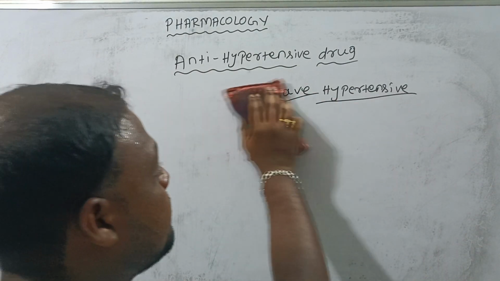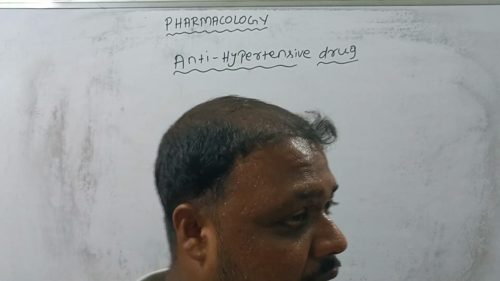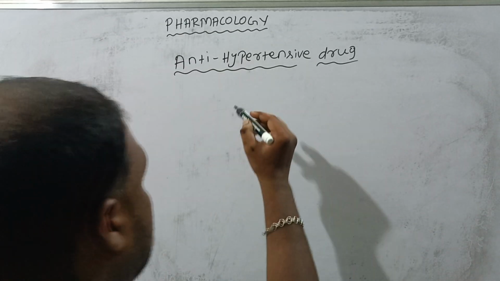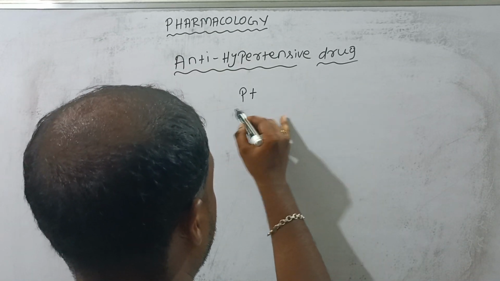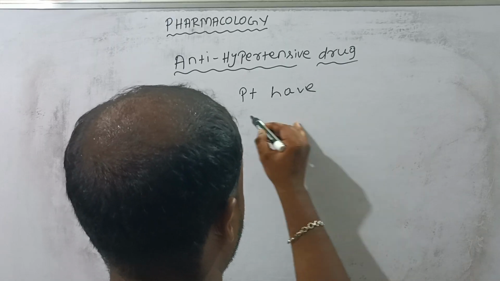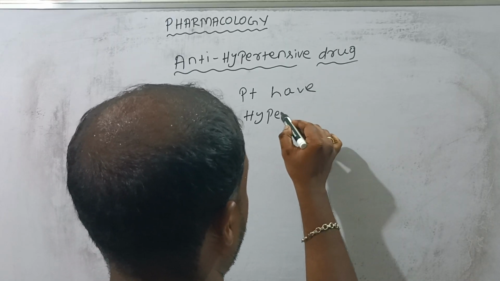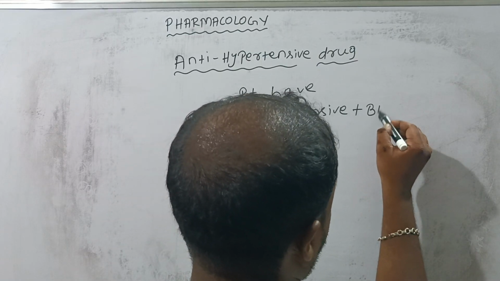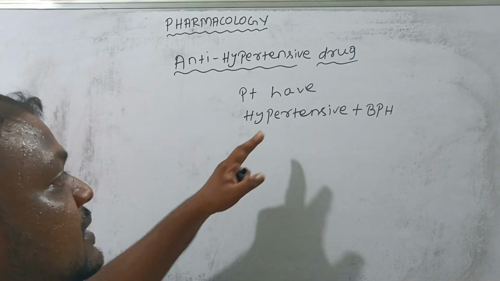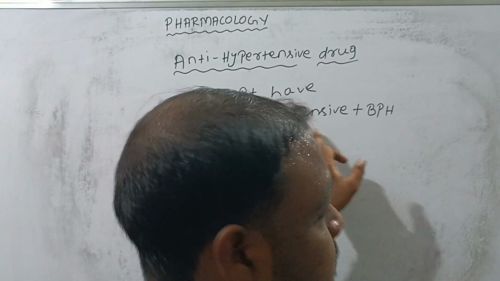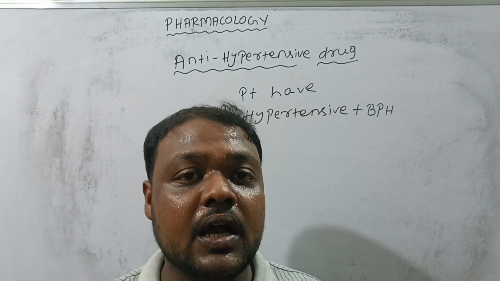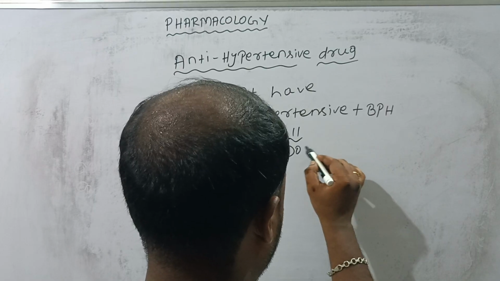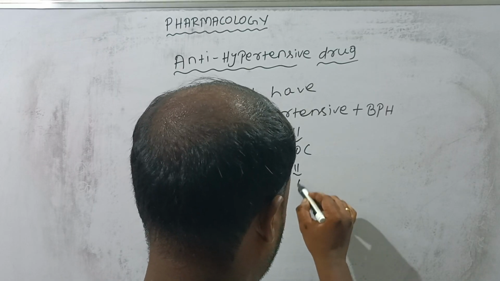Then if the patient has hypertension with BPH, hypertension meaning high BP and BPH meaning benign prostatic hypertrophy, the drug of choice is the alpha blocker.